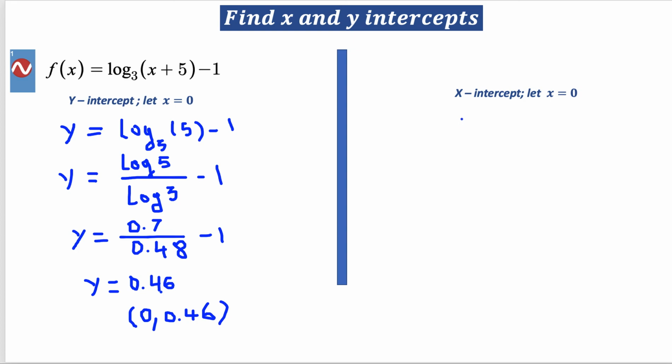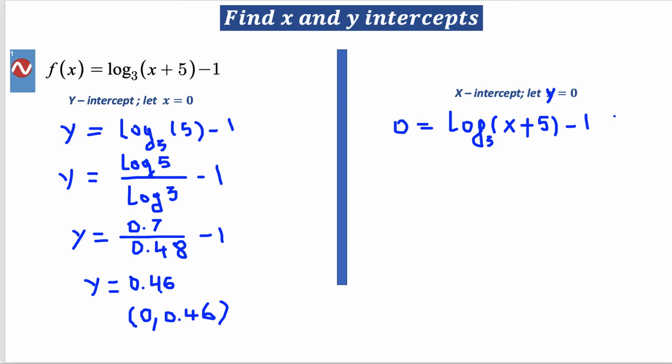Now the x-intercept. For the x-intercept, we set y equal to 0. I'm sorry, I said x earlier; we set y equal to 0. So 0 is equal to log base 3 of x plus 5 minus 1.